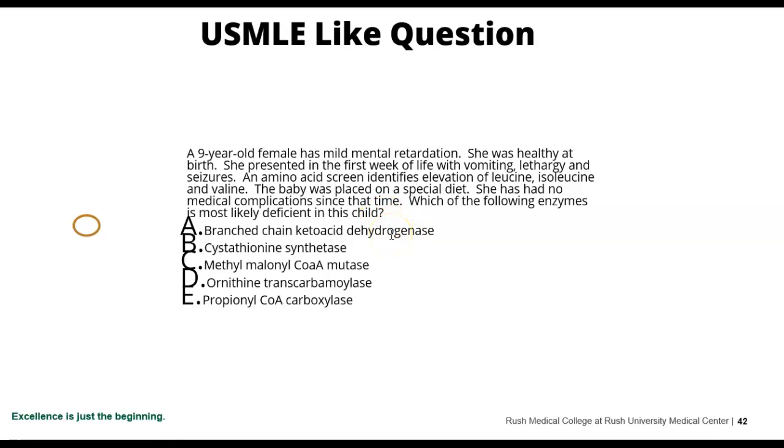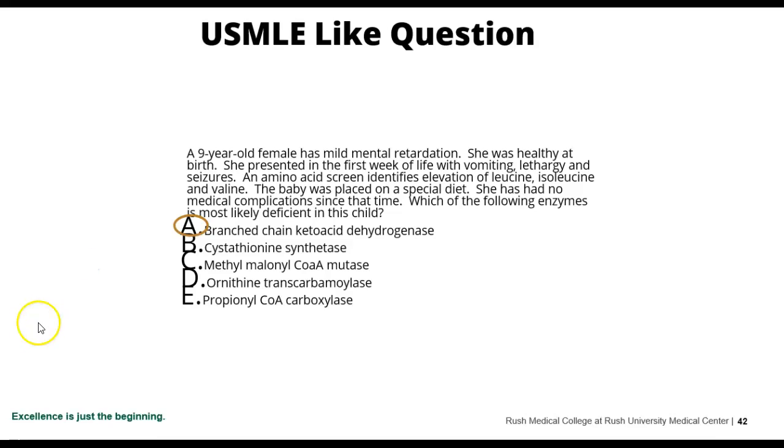So they're just telling you they have this delayed 9-year-old, and she was healthy at birth, but she had these symptoms, and she had elevation of leucine, isoleucine, and valine, and she was placed on a special diet, and she's been fine since then. What does she have? So this is maple syrup urine disease, and so it's the branched chain keto acid dehydrogenase.